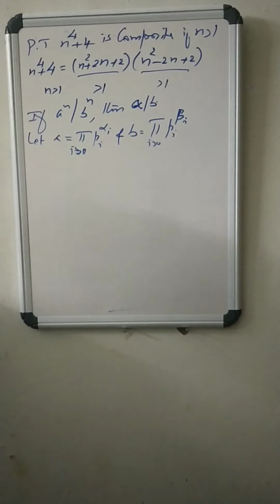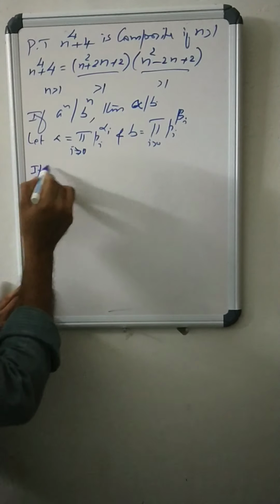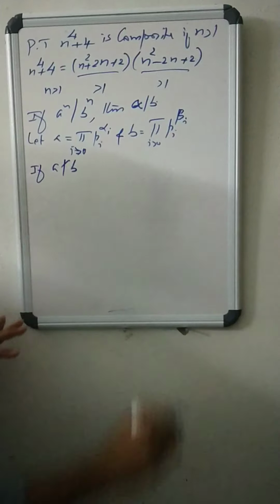Now, when a power n divides b power n, we have to show that a divides b. If possible, suppose a does not divide b.